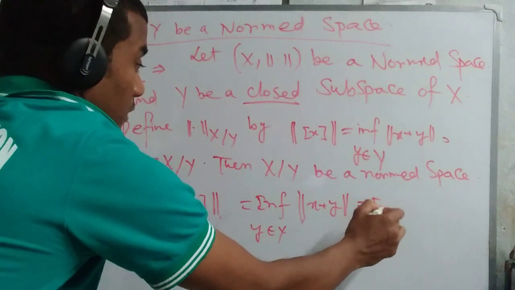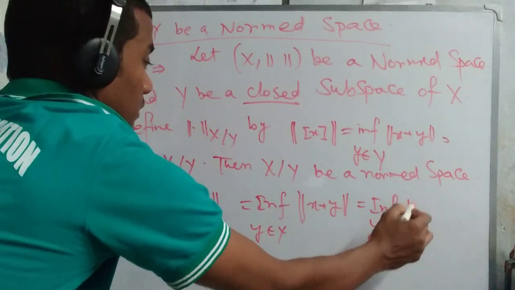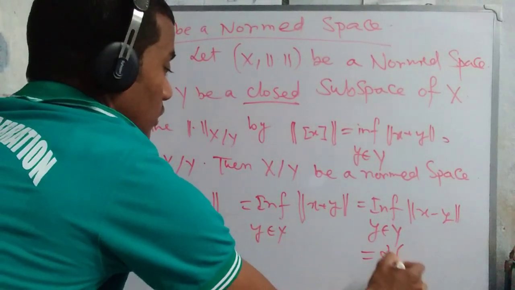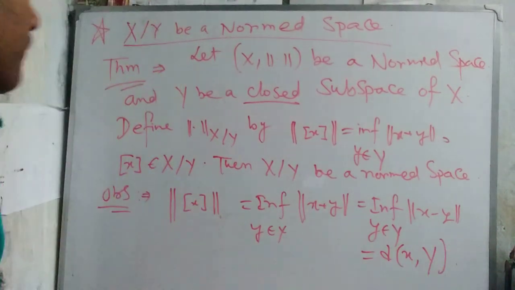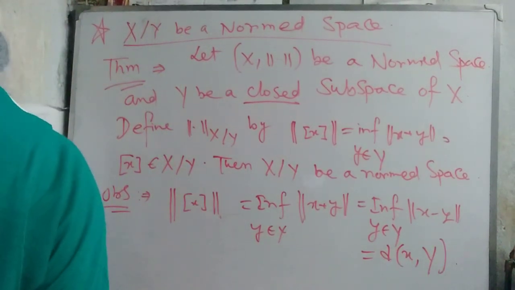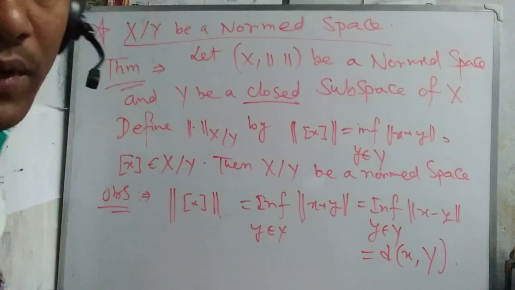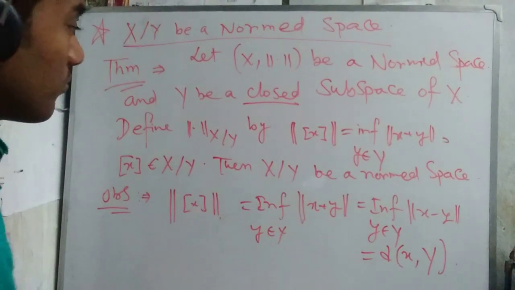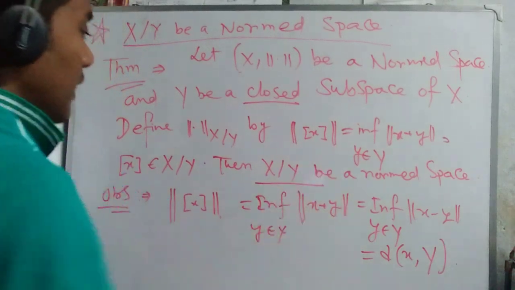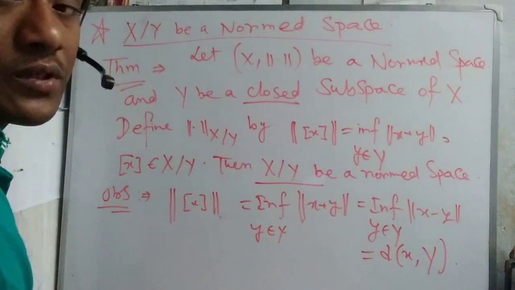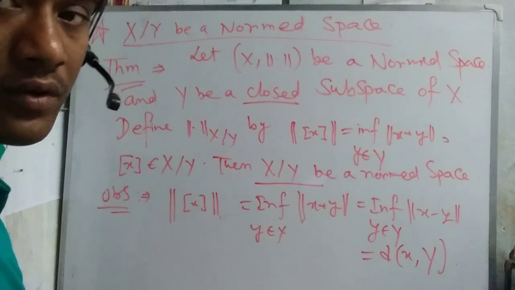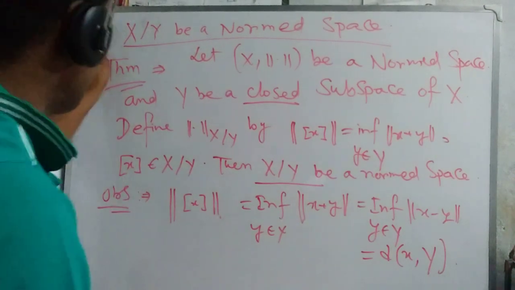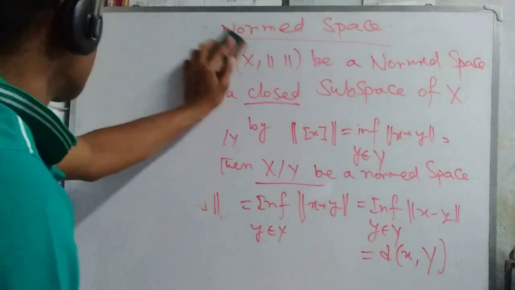Obviously we write in this way: infimum over y belongs to Y of norm of x - y. In short, this is d(x, Y), that means the distance between some point x and some closed space Y. So we define this norm, and we now discuss how to show that X quotient Y is a normed space. We erase our portion and go to further discussion of that.